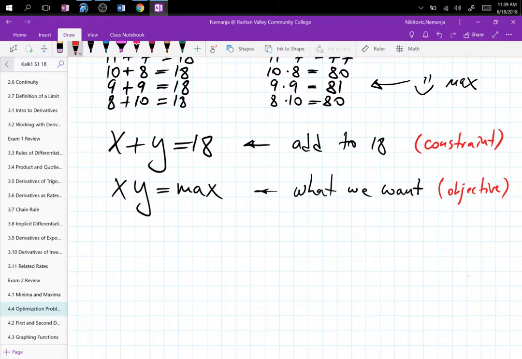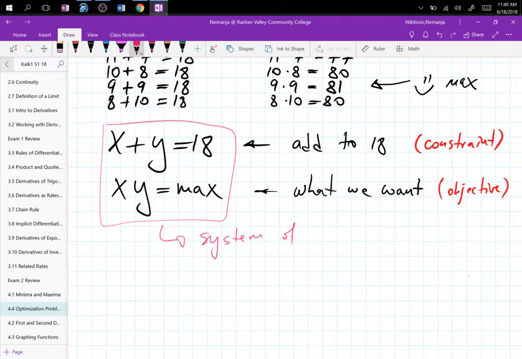So over here, as you can see, what do I have? I have a system of equations. Can't solve it because one of the numbers is a max, and I don't know what that number is, right? But what I can do is what is done for every problem.